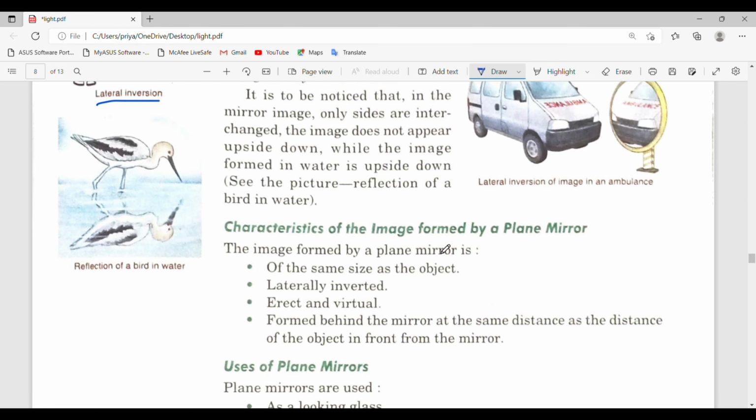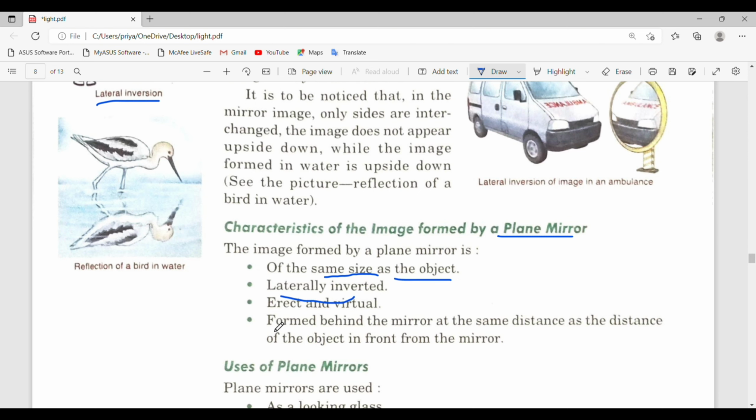Now some characteristics of the image formed by plane mirror. What are the characteristics of the image? The image formed by the plane mirror is of the same size as the object. बिल्कुल same size होगा जैसा कि object का है.